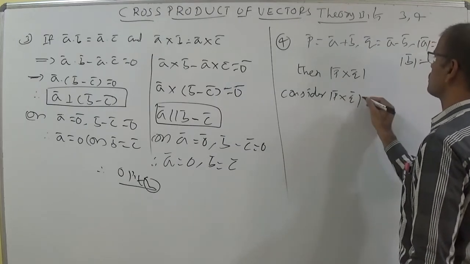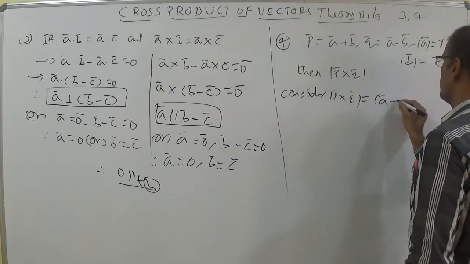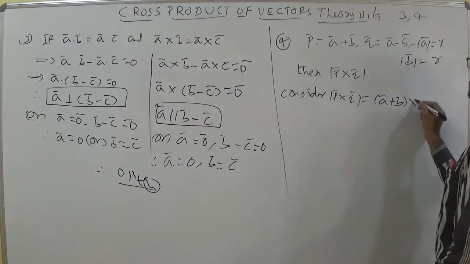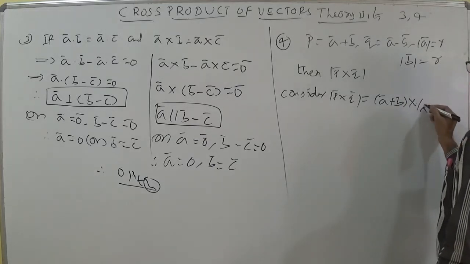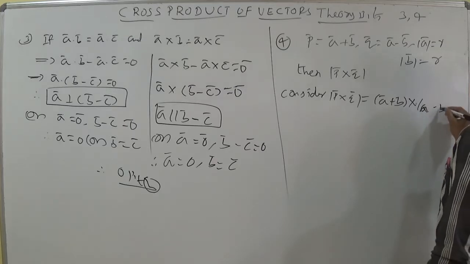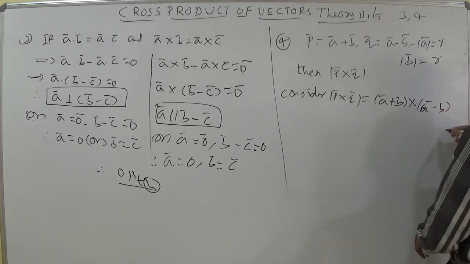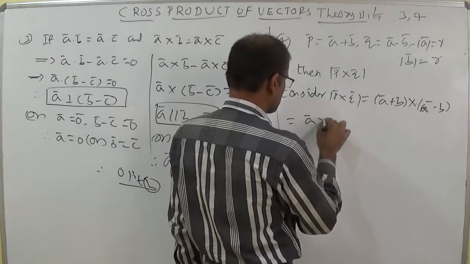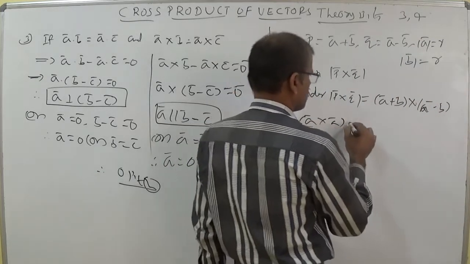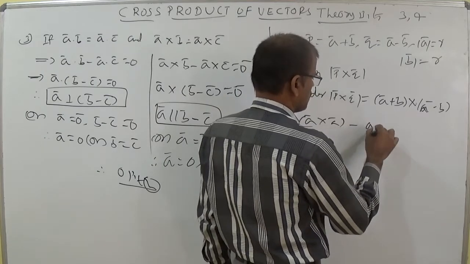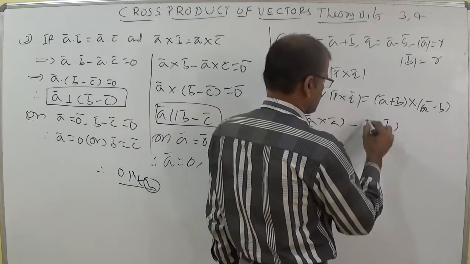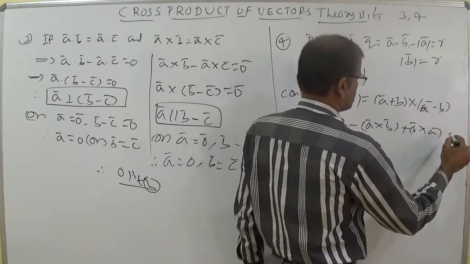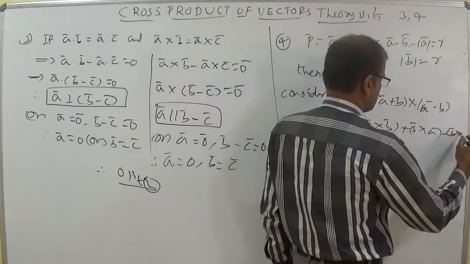P bar cross Q bar is equal to now A bar plus B bar cross A bar minus B bar. So A bar plus B bar cross A bar minus B bar, A cross A you can write this one as A bar cross A bar minus A bar cross B bar plus B bar cross A bar minus B bar cross B bar.